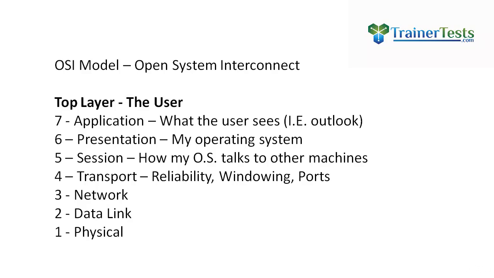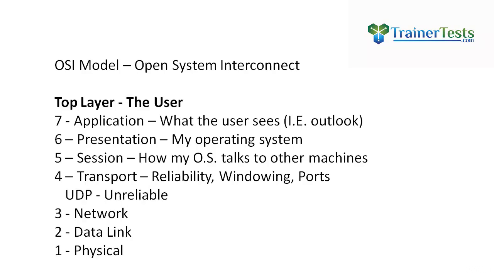So, for example, let's talk about an unreliable type of traffic. Let's say we're streaming video through Netflix. Well, we don't need to guarantee the reliable delivery of that data. Let's say that a packet is dropped or lost.